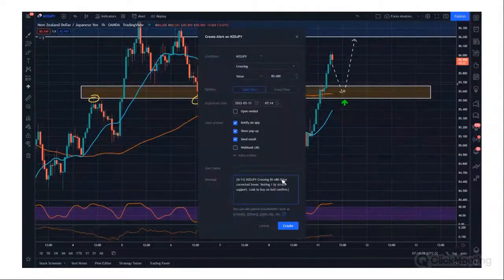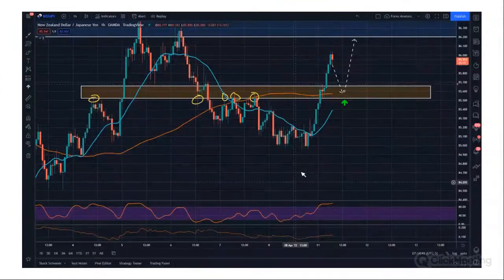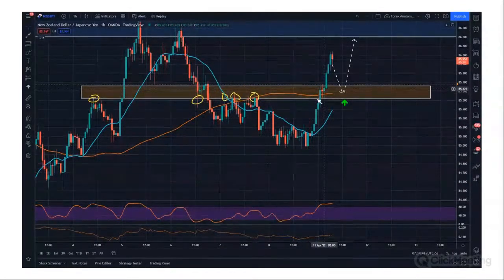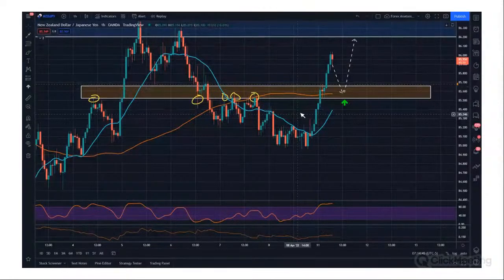So we'll look to buy on bullish confirmation once price reaches this particular zone right here around 85.70, 85.68, you guys get the idea. But we want the trade to come to us. We're not going to chase the trade. We want the trade to come to us.